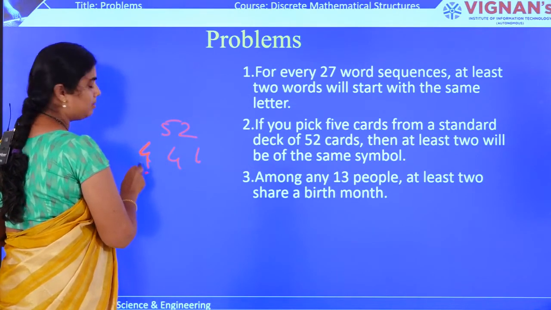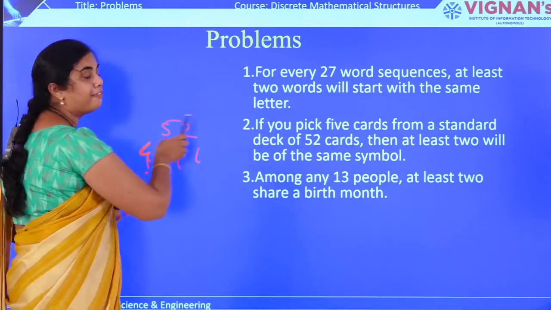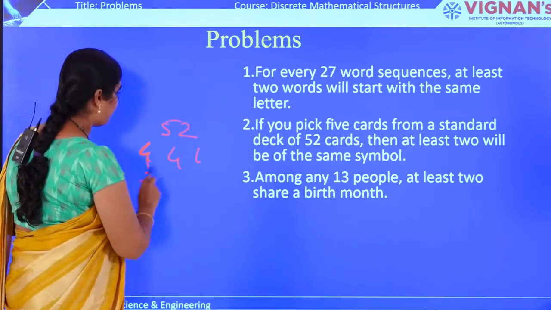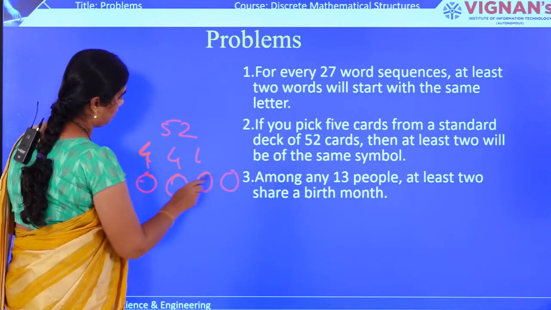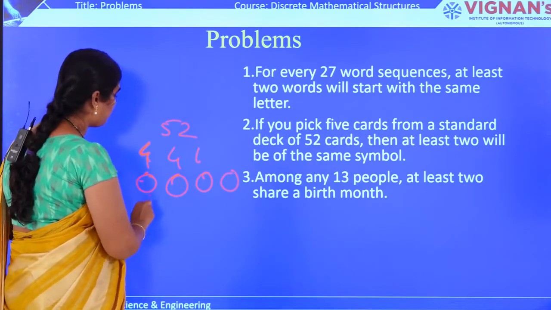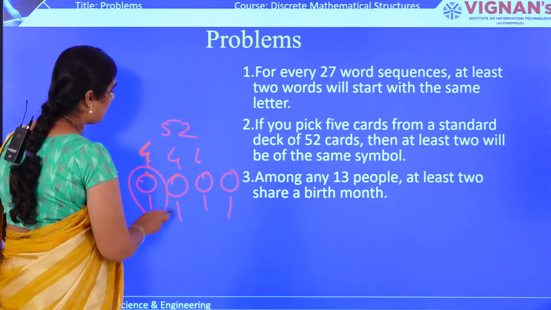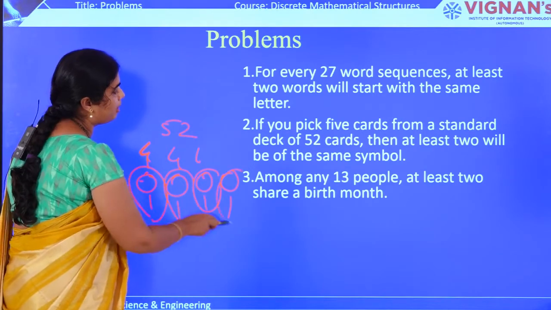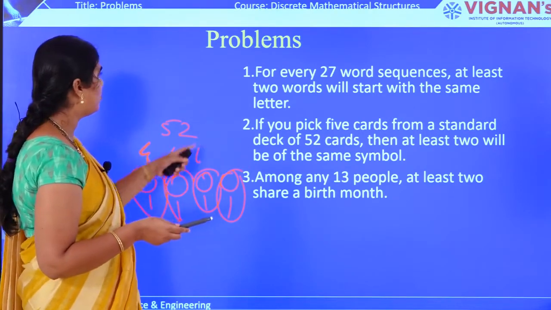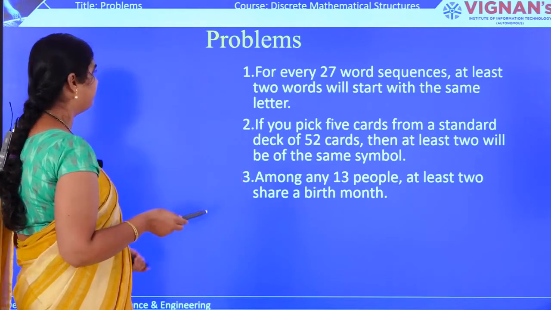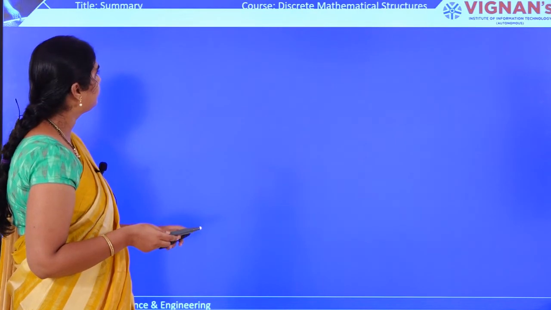If you pick 4 cards, you can pick one of each symbol. But if you pick one more card, you need to pick from one of these symbols again, right? So, this is also a base pigeonhole principle, this you need to try. Okay, this is also an assignment for you.